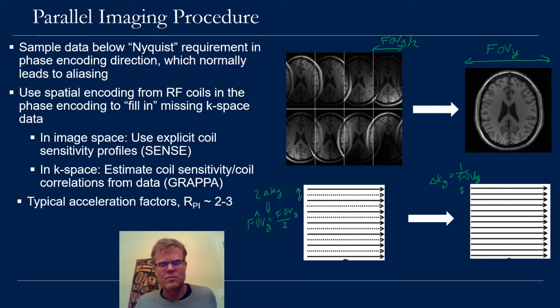But if we use techniques like SENSE or GRAPPA to incorporate the coil sensitivity information, then we can recover unaliased full field of view images and achieve acceleration factors usually on the order of 2 to 3.